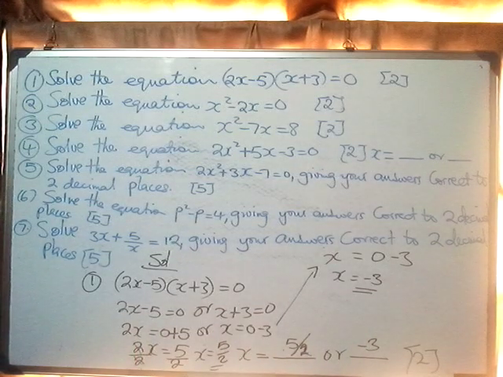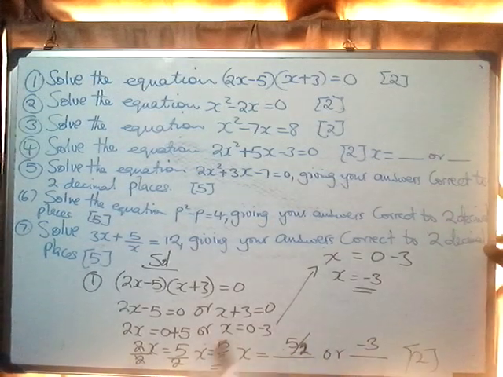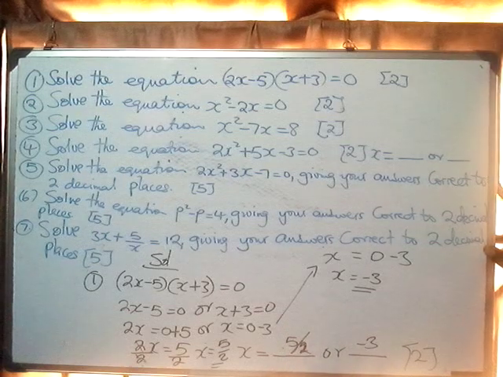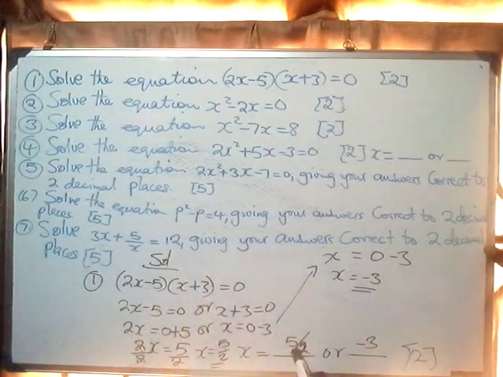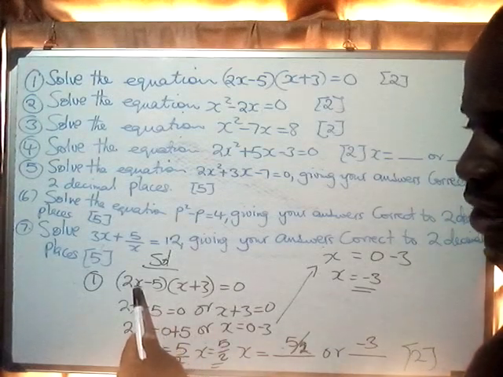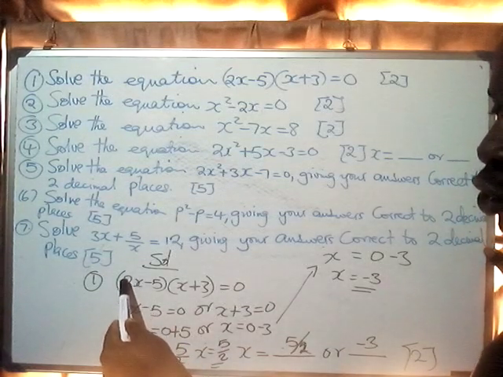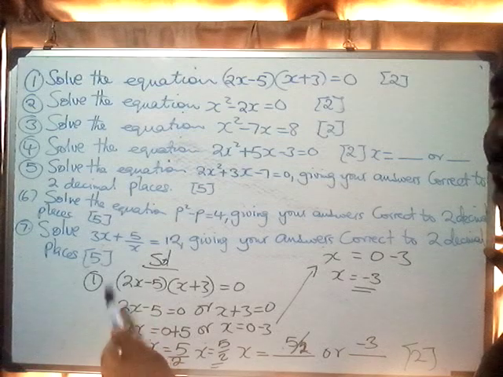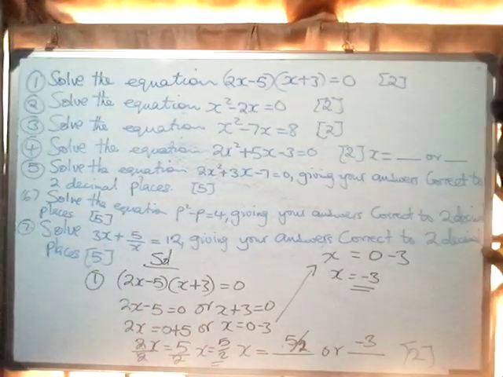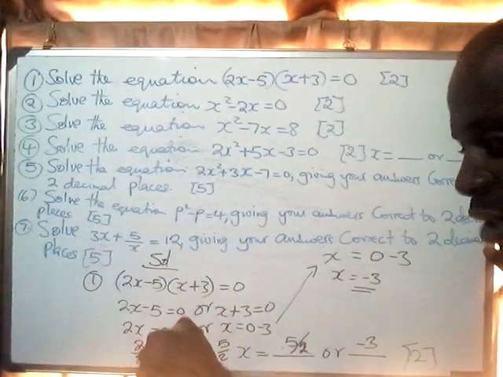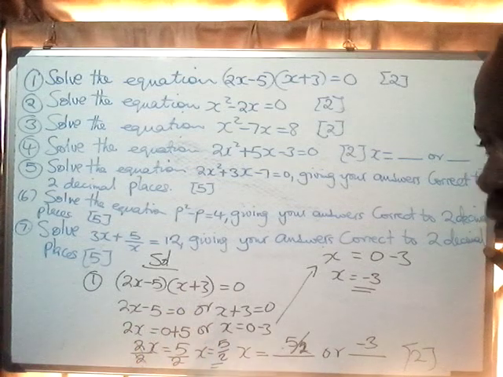Those of you who may want to prove it, you can, but you may just waste your time. But when you are learning like this, we can still prove it. How do we prove it? We prove by substituting. Where there's x, we put 5 over 2. 2 times 5 over 2, the answer will just be 5, because the 2 cancels the denominator 2.